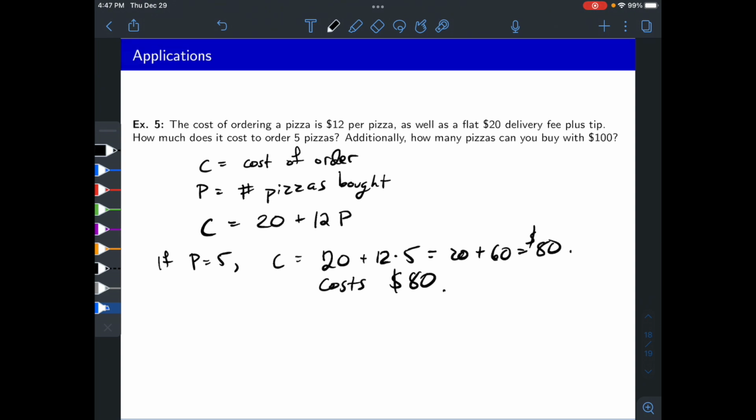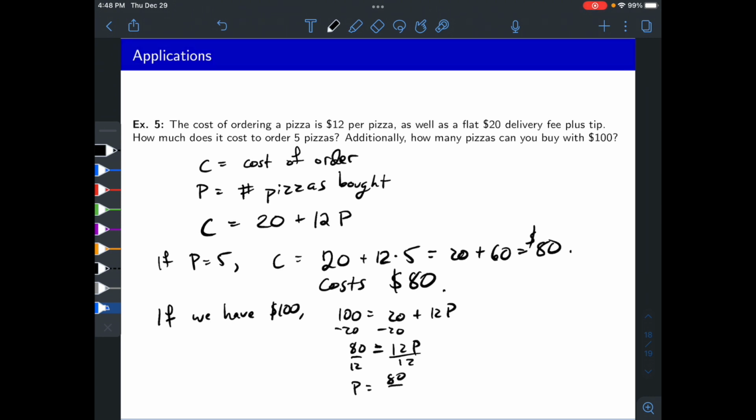And then for the second part, if we have $100 to spend, then we can say 100 is equal to 20 plus 12p, and then solve for p. So we'll subtract 20 on both sides, get 80 is equal to 12p, and then divide both sides by 12, and then get P is equal to 80 divided by 12.